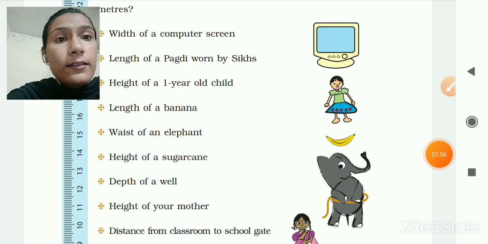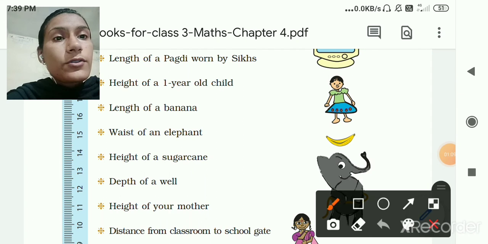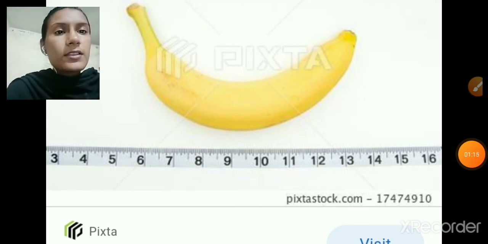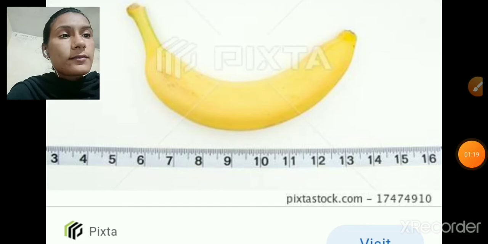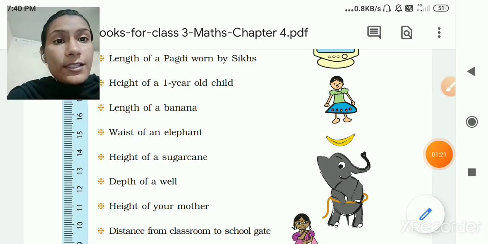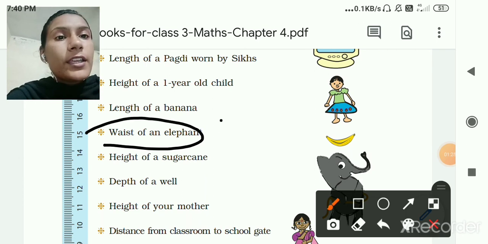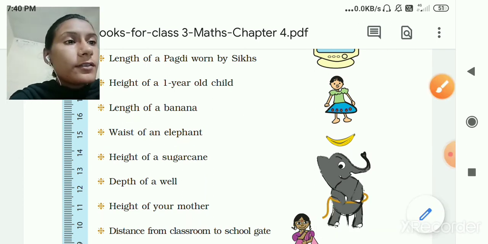Then length of a banana. Here also centimeter will come. You can see this banana. Length of a banana will be measured in centimeters. Then waist of an elephant. This will be measured in meters.